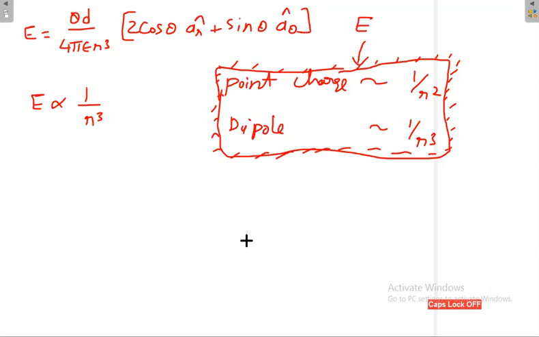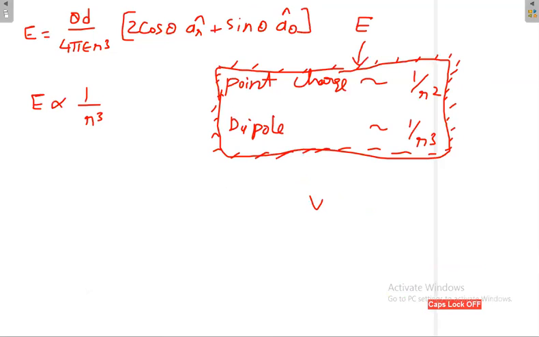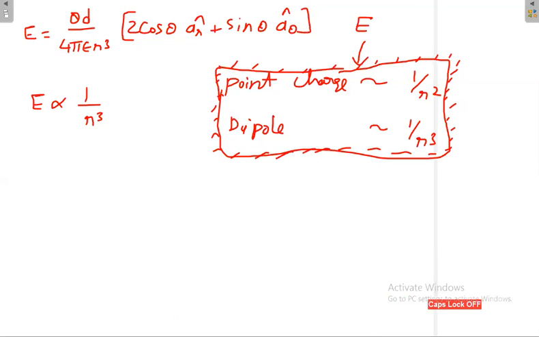Similarly for potential, for voltage, you cannot make any such relationship here, but for electric field, simply remember this relation: electric field due to a dipole depends on 1 over r cube. And again, we'll make some more observations here.